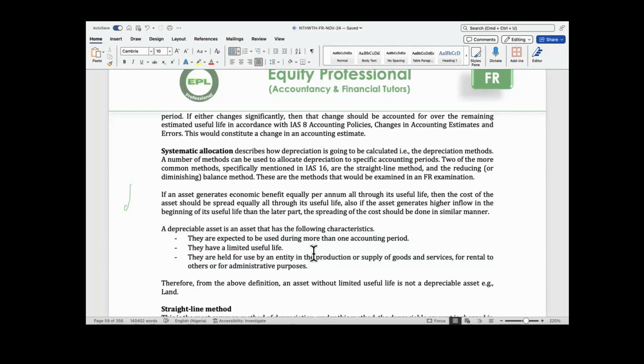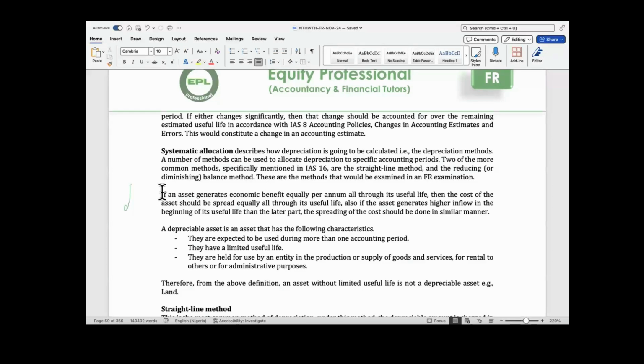So that's the systematic allocation, the method of depreciation. The choice depends on how the asset makes money, or how the asset generates money, or the pattern of economic benefit from the asset.